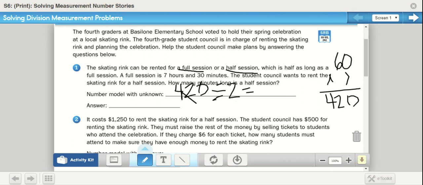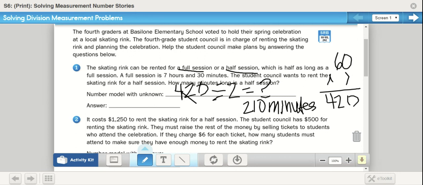Okay, and my unknown is my answer. Okay, so I have 420 minutes divided by 2. So I'm going to write out that division problem, or you may even be able to think about this in your head, you guys. You guys are getting to the point where you should be able to start thinking, okay, half of 420, well, half of 4 is 2, half of 2 is 1, half of 0 is 0. So that would be 210 minutes, okay? So 210 minutes.